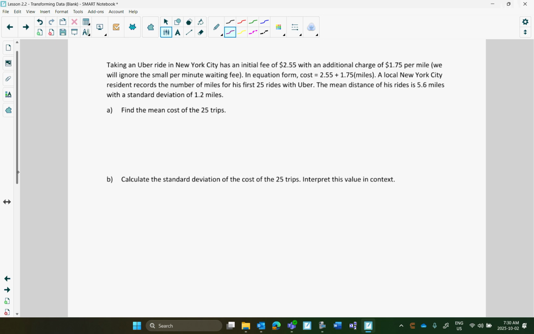We would say cost is equal to the initial fee plus the amount charged per mile times the mean number of miles. Because remember, we saw that for the measures of center, if we add some constant amount, the measures of center will change the same way.